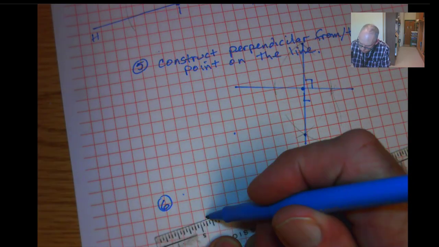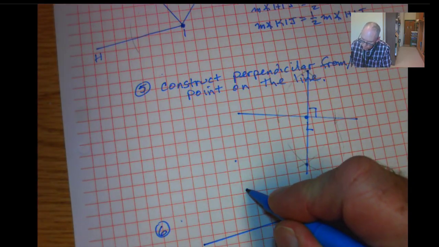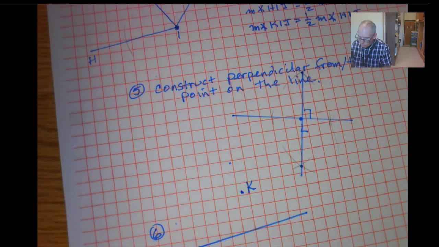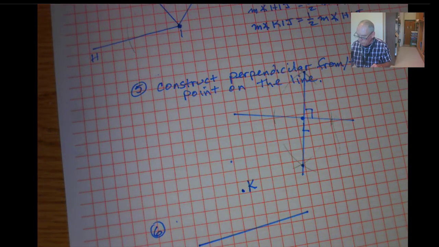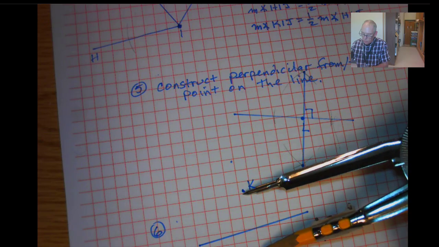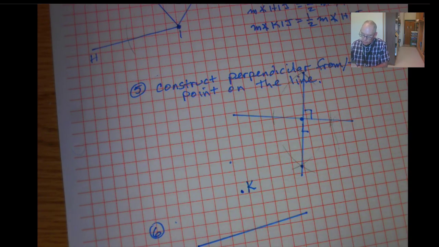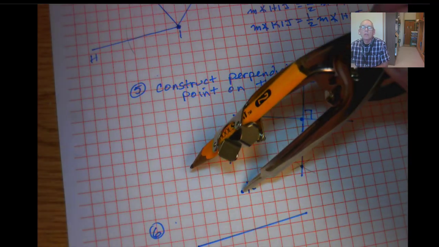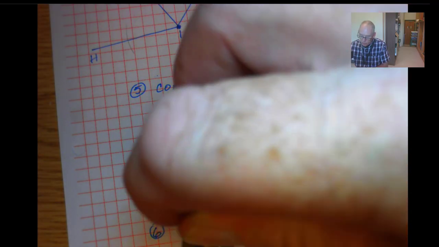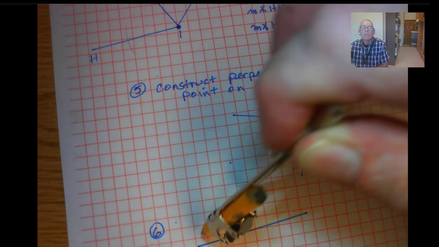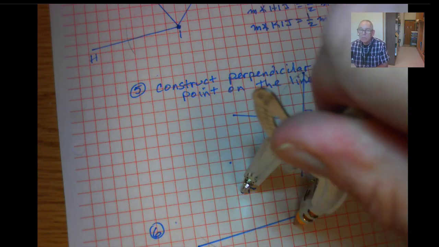So I'm going to construct a segment, and I'm going to put a point up above it. And then I'm going to use that point that I have labeled K, and I'm going to strike 2 arcs on the line. And what that's really doing is finding 2 points that are equidistant from K on that line that we want to draw the perpendicular to.